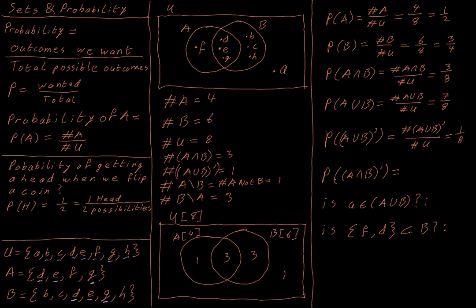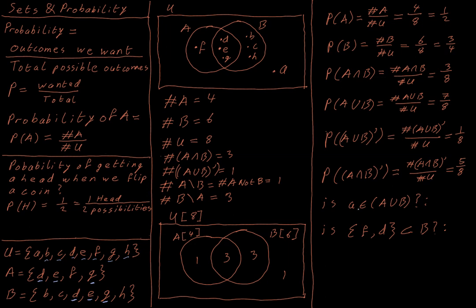And then finally, we have probability of A intersection B complement. So probability of getting a letter that is not in A intersection B is going to be 1, 2, 3, 4, 5 out of 8.